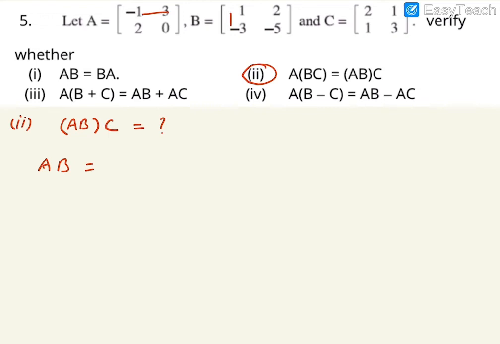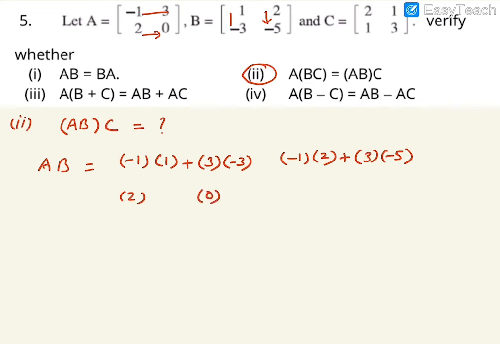This row will multiply with this column, so minus 1 into 1 plus 3 into minus 3. Same row will multiply with the second column, minus 1 into 2 plus 3 into minus 5. Similarly, the second row will multiply with the first column and second column.